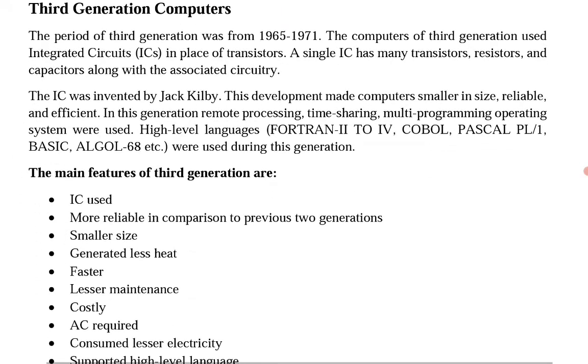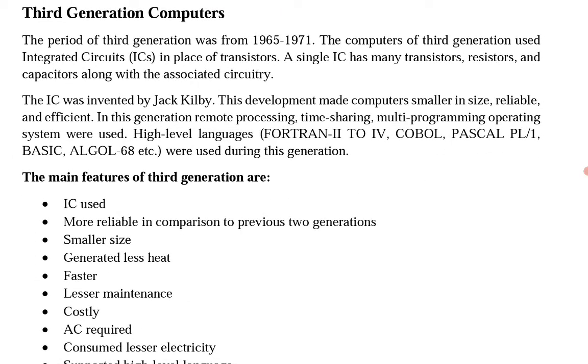Third generation computers. The third generation period was 1965 to 71. In third generation computers we use ICs. What is an IC? IC means integrated circuit. It is also one type of chip.